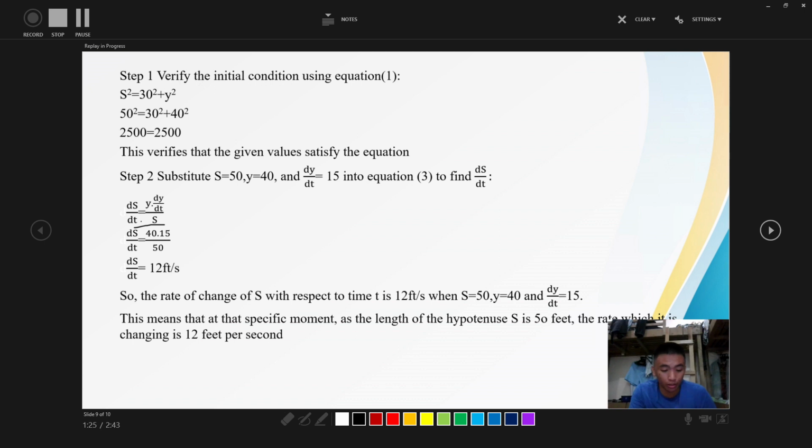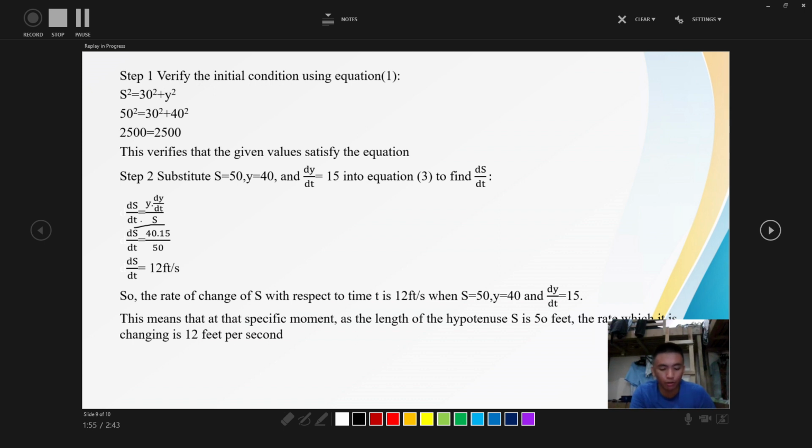The second equation, 2s times ds/dt is equal to 2y times dy/dt, represents the related rates between the sides of a right triangle. The derivative ds/dt represents the rate at which the hypotenuse s is changing with respect to time t. The third equation, ds/dt is equal to y over s times dy/dt, comes from isolating ds/dt from the second equation.